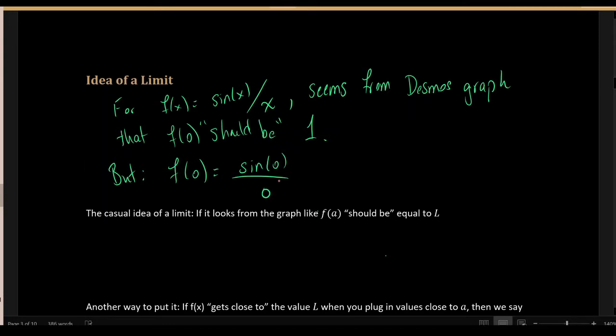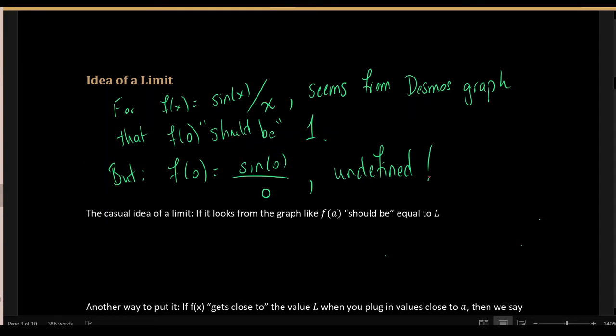And we can already stop right now, because as soon as you get a 0 in the denominator of a fraction, the game is over. You can't divide by 0 under any circumstances, so this definitely is undefined. This definitely does not exist.